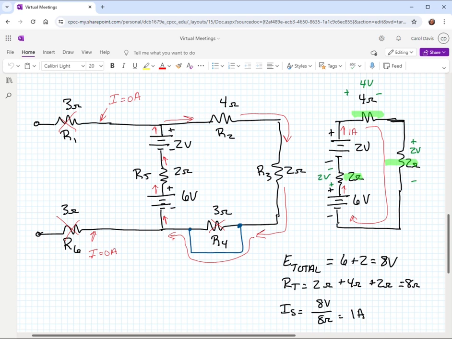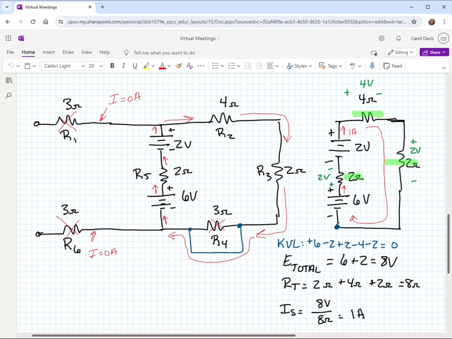So again, if we want to do our KVL, I'm going to start down here, and I'm going to add my 6, because going from the bottom to the top, we're adding that 6 volts, and then subtract my 2 volt drop across the 2 ohm resistor, add the 2 volt drop for the source, minus the 4 volts around the top, minus the 2 volts on the right hand side, and that should equal 0.